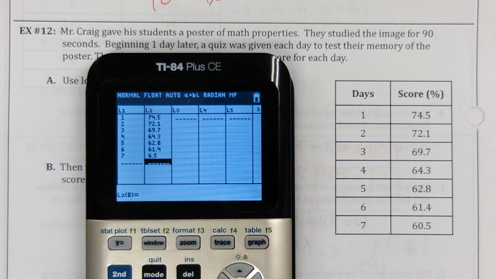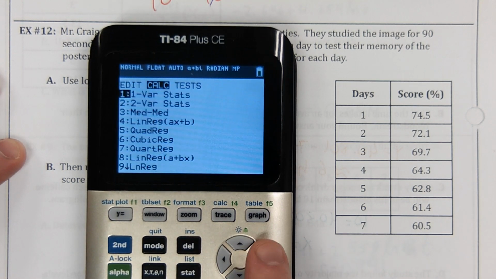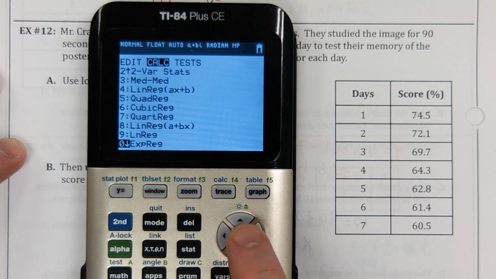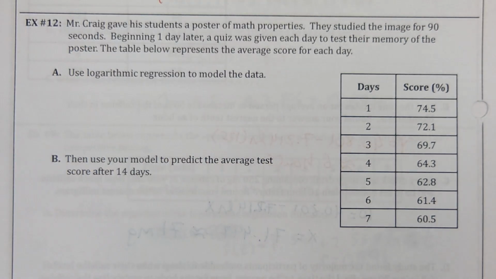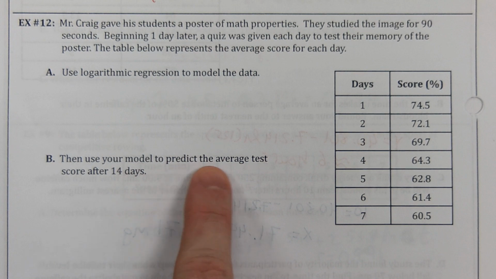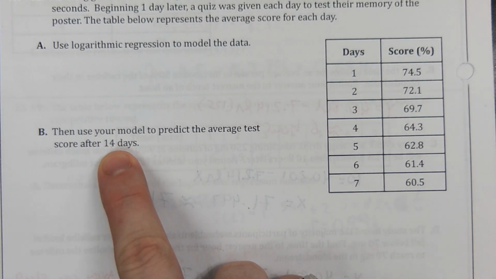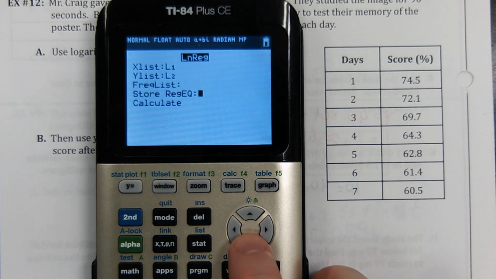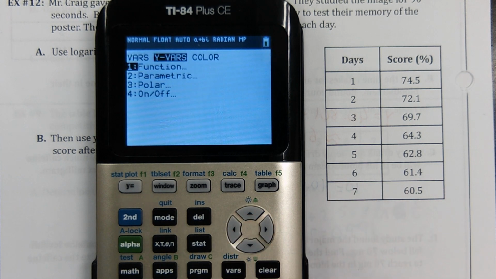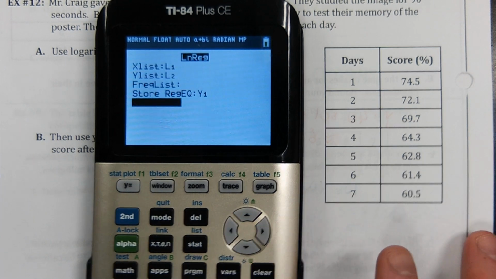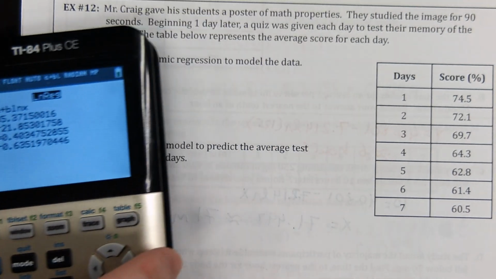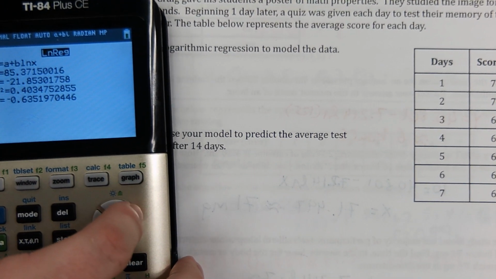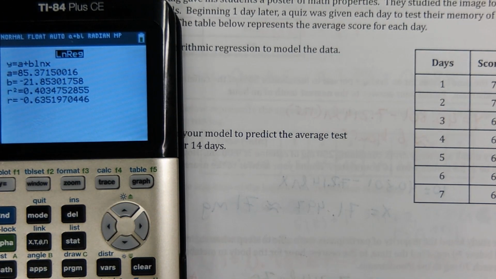Looking for a logarithmic regression. So stat, calc, natural log regression. Am I going to need to plug anything in? Predict the average test score after 14 days. So I'm going to have to plug a 14 in, so I'm just going to store it. There it is. Oh, and b is negative, so I got to remember to do minus. And it should make sense why it's negative, because we're remembering less and less each day.